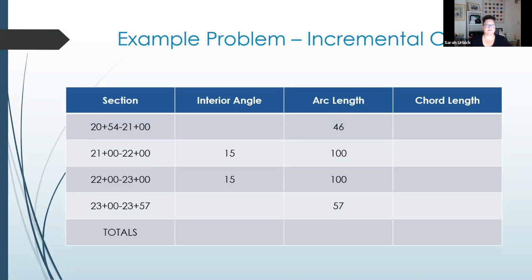So we're going to break this into those 4 different sections based on our stationing. So we have our first little segment, which we found based on subtracting our stations, was 46 feet. We have our other 2 segments, 21 to 22, 22 to 23. Each one of those is 100 feet.